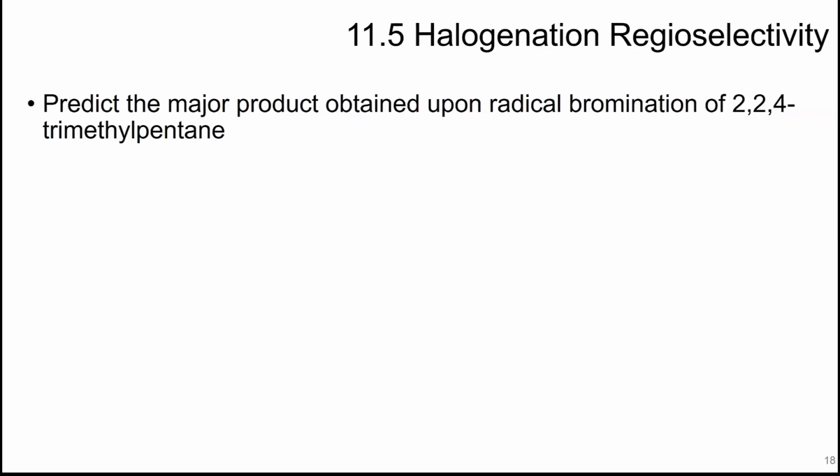We're going to try to predict the product of this reaction with 2,2,4-trimethylpentane. We start with drawing pentane, 2,2,4. We're going to react it with Br2 and light. If we draw all the possible radicals that can form, and this primary, these are all equivalent, so we can also get one here.